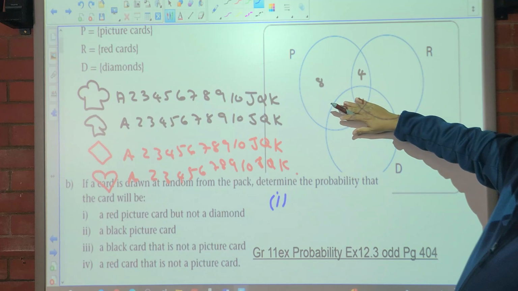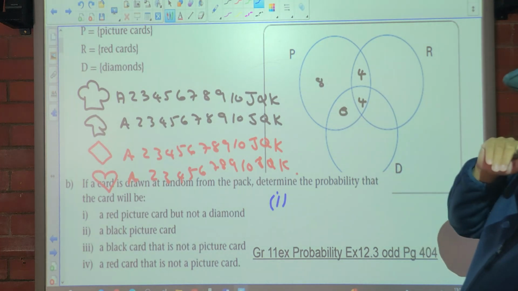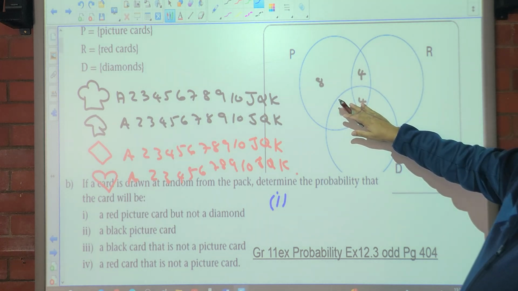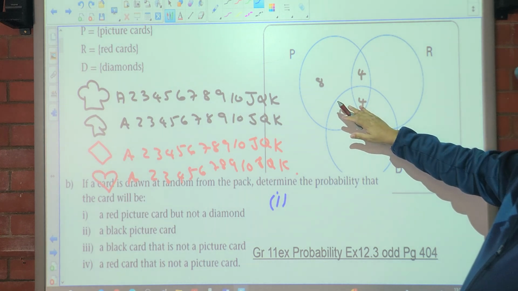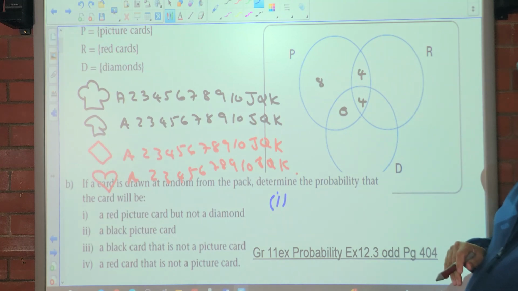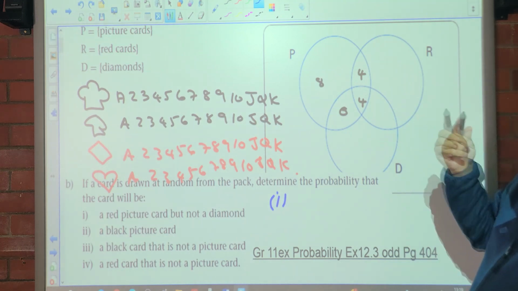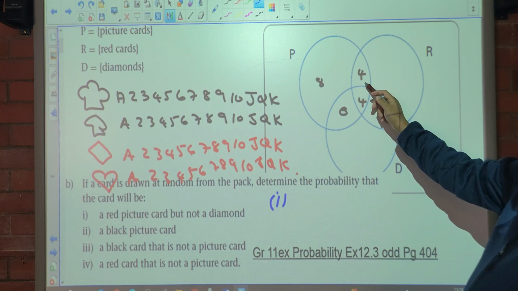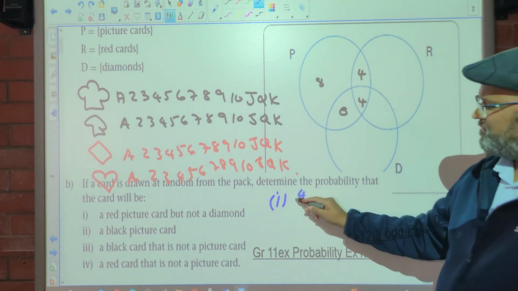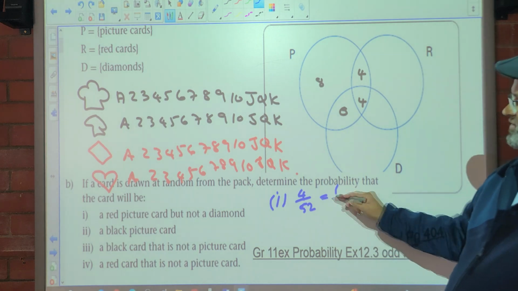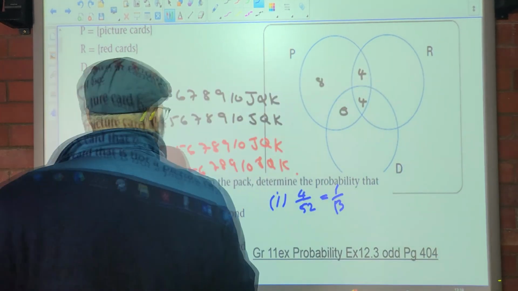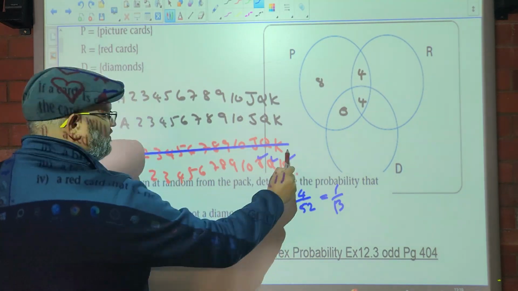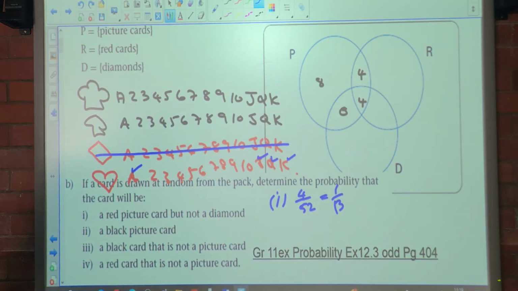So how many picture non-diamonds are there? A red picture card but not a diamond. A red picture is going to be 4. Is that correct? 4 over 52, which is 1 out of 13. You can check here as well. You are omitting diamonds and it's a red picture. So those are the 4 options you can consider. You all agree with that?